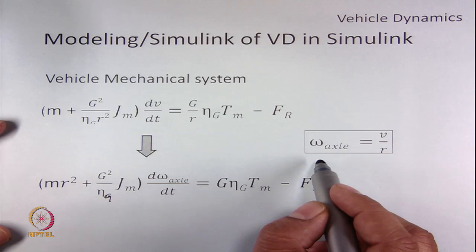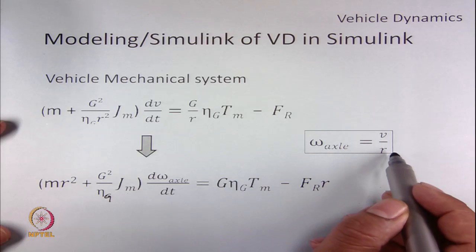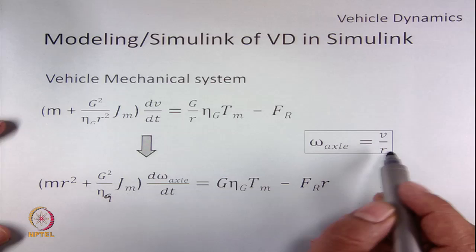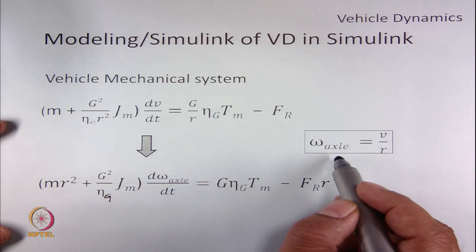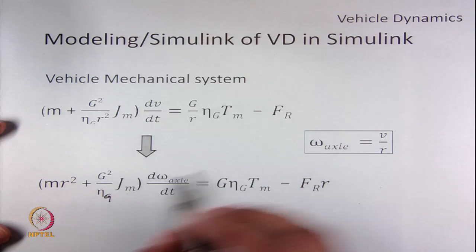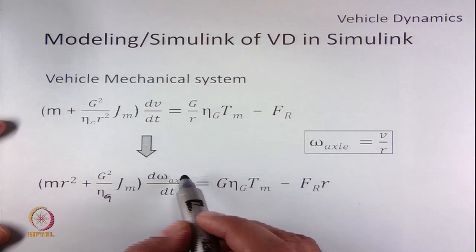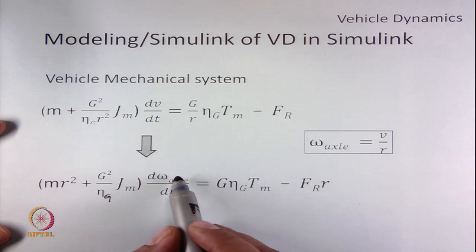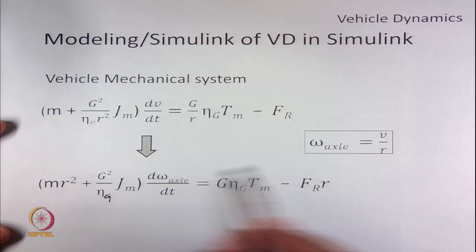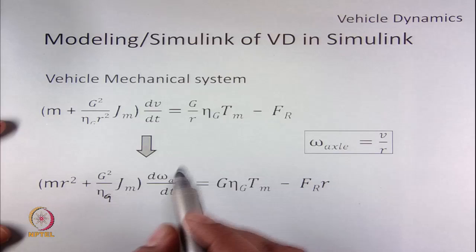We know that the angular velocity of the axle is the velocity of the vehicle divided by the radius of the wheel. So, if we substitute velocity equal to omega axle into r in the dV by dt, we will get this equation. We will get an r term here, and this r term can be multiplied by this r term, so you will get an r square term here.